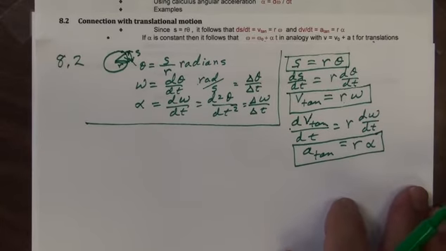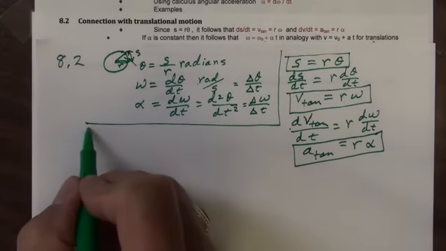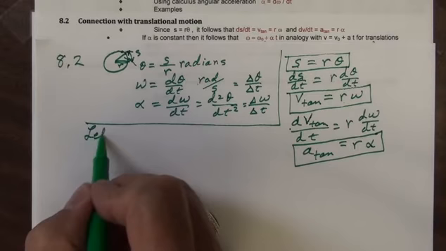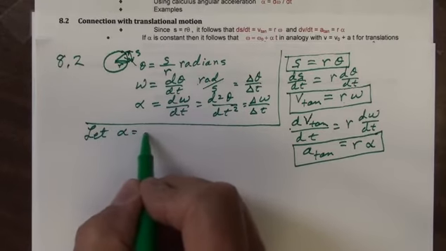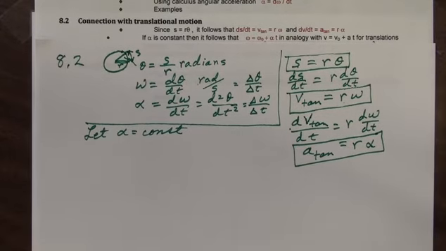Well, let's assume that our angular acceleration is constant and see what happens. Let alpha equal a constant. That means it's speeding up or slowing down at a uniform rate.